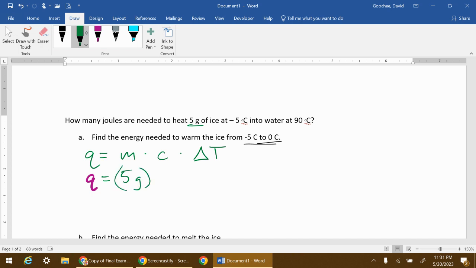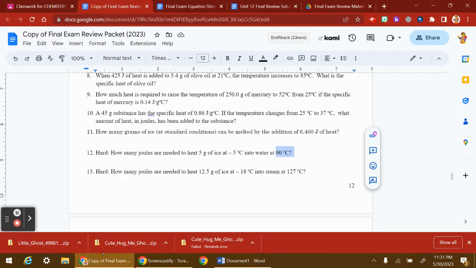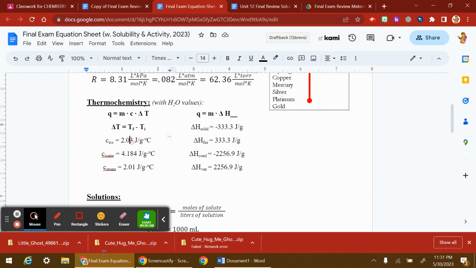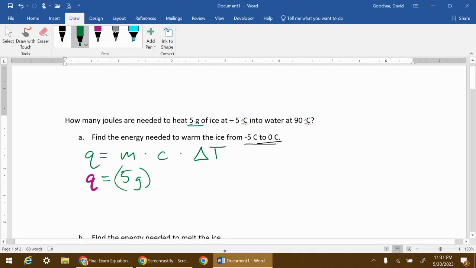The specific heat of ice, you will have to go to your final exam equation sheet, and here it is. The specific heat of ice is 2.03 joules per gram degree Celsius. And the change in temperature from -5 to 0 is an increase of 5.